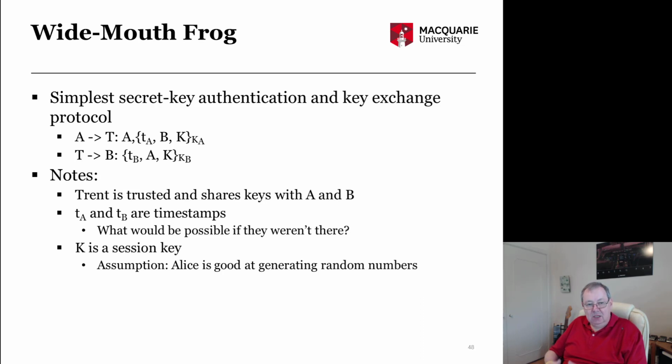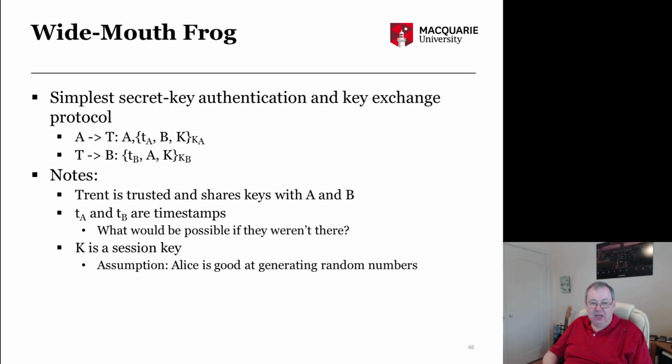And so he turns around and recreates a message to send to Bob, to B. And in it, it contains a timestamp, it contains Alice's name and a key, and this is all encrypted using Bob's key, which Trent also knows. Now, when Bob gets that, he realizes it's encrypted with his key, and so he decrypts it. He's willing to believe it came from Trent because Trent's the only other party that knows his key.